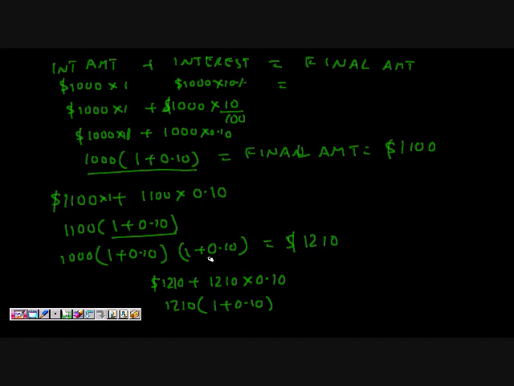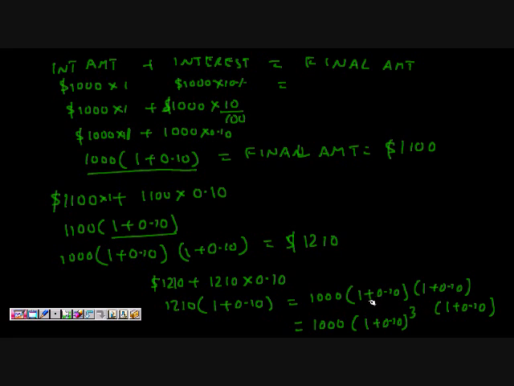So we can write this as 1,000 into 1 plus 0.10 into 1 plus 0.10 into 1 plus 0.10. Okay, so as you can see, the third year's amount is the same as 1,000 into 1 plus 0.10 raised to 3, where we have 3 years, 1st, 2nd, and 3rd. So this 3 represents the 3 years that we calculated the interest for.